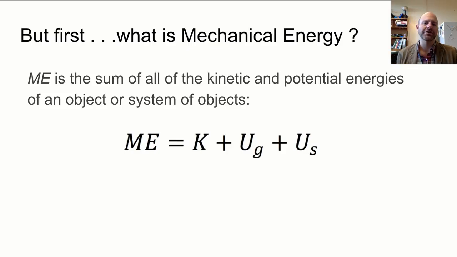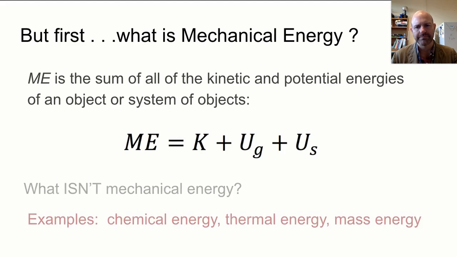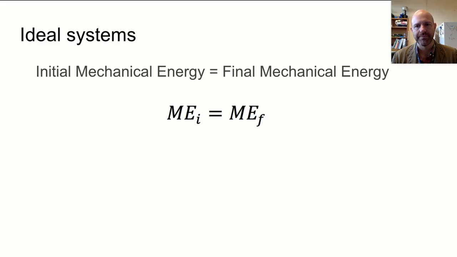So mechanical energy, I've already said this phrase a few times, and it's really just the sum of all the kinetic and potential energies that we have. So chemical energy, thermal energy, things heating up, mass energy like E equals mc squared, those things are not mechanical energy. They're still energy, and they're still part of the energy conservation conversation, but they are not mechanical energy.